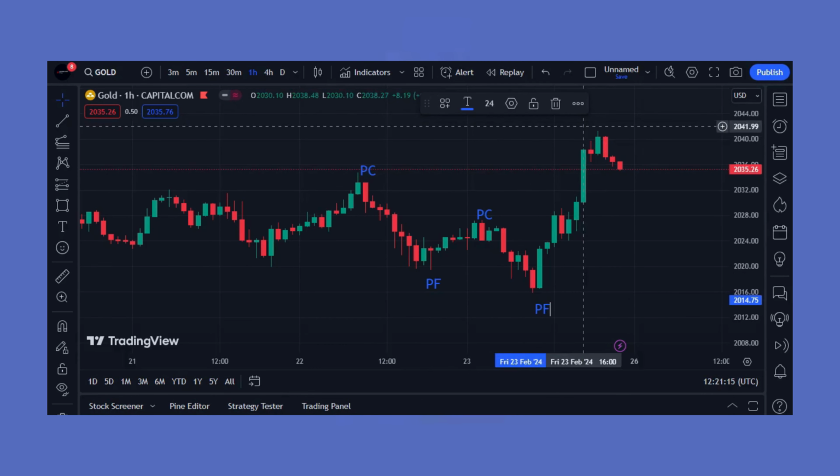As you can see, the price ceiling is not formed yet. And once we have a price floor, then we can start establishing the price ceiling of the previous trend.